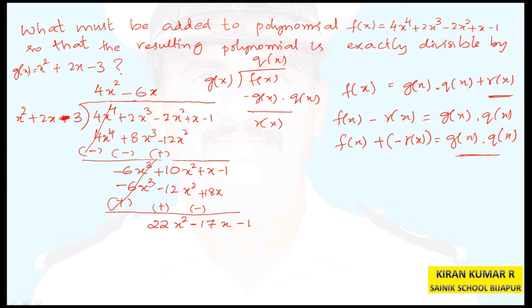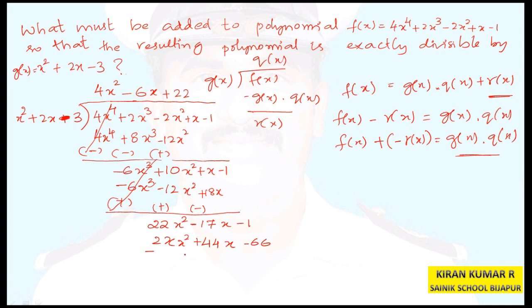Now I need to multiply 22, so plus 22, multiply, I get 22x square. 22 multiplied to 2 is 44, so plus 44x. Minus 3 multiplied to 22 is 66.